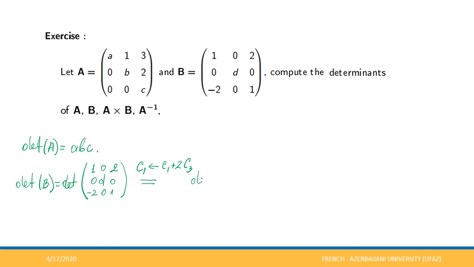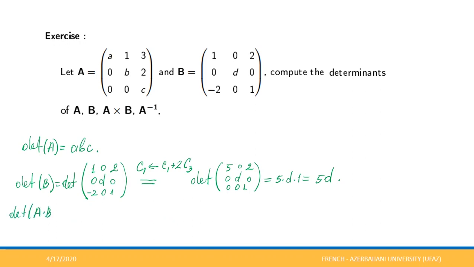Then our determinant will be this: 5, 0, 2, 0, D, 0, 0, 0, 1. As you see, this matrix is a triangular matrix. Because of this, the determinant will be 5 times D times 1. Yes, 5D.